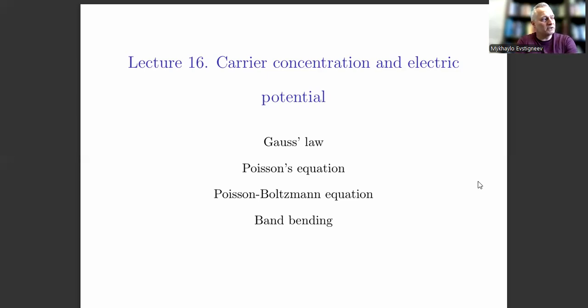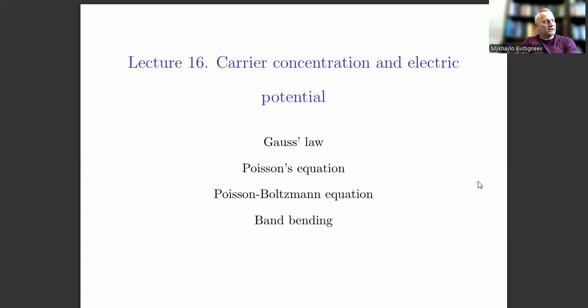Then I will apply Poisson's equation to a semiconductor where the charge density is due to electrons, holes, and also ionized donors and acceptors. So Poisson-Boltzmann's equation can be solved. We will discuss the solution of Poisson-Boltzmann's equation in the next 2 lectures.